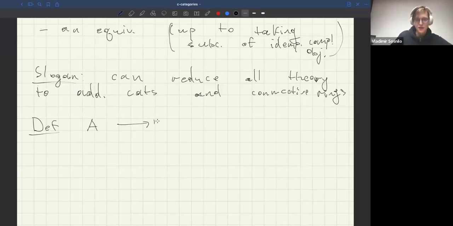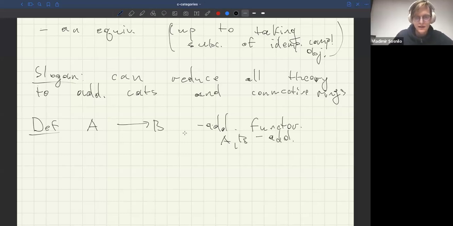So you have A to B, an additive functor between additive categories. And then let me make a few definitions.